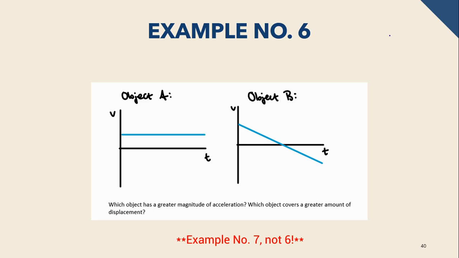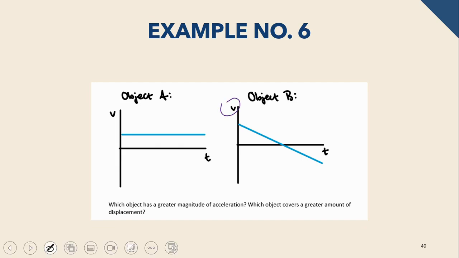Alright, example number 6. Which object has a greater magnitude of acceleration and which object covers a greater amount of displacement? Now, this example might seem pretty simple, but you'd be surprised how it might trick some people. So for the greater magnitude of acceleration, remember that acceleration is the slope of a VT graph, which is what we have over here.